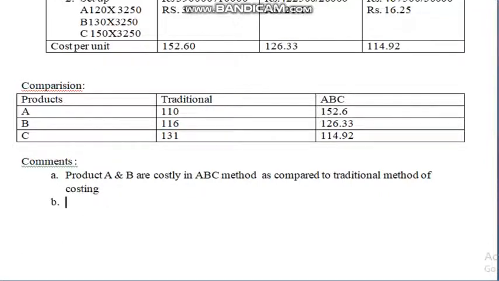Now come to product C. Here product C is quite costly in traditional method, not in ABC method.